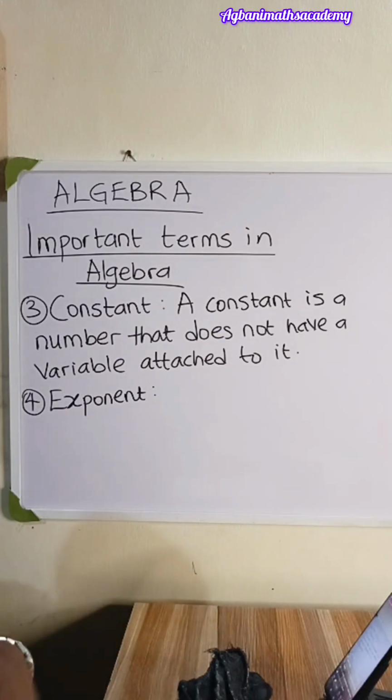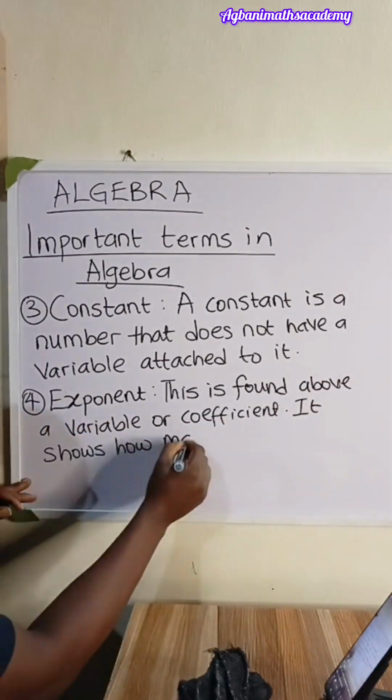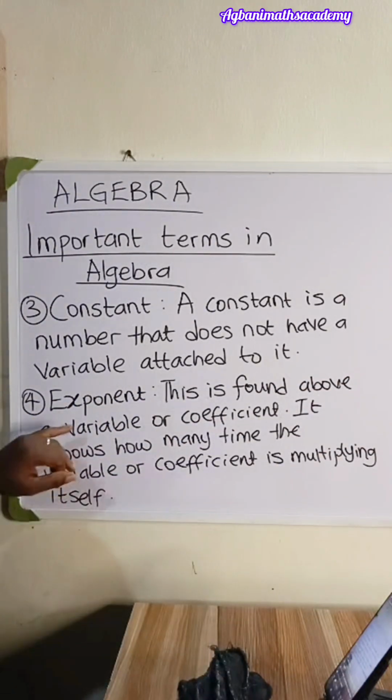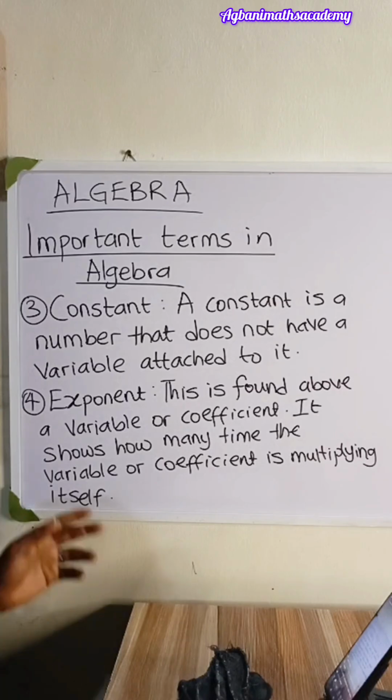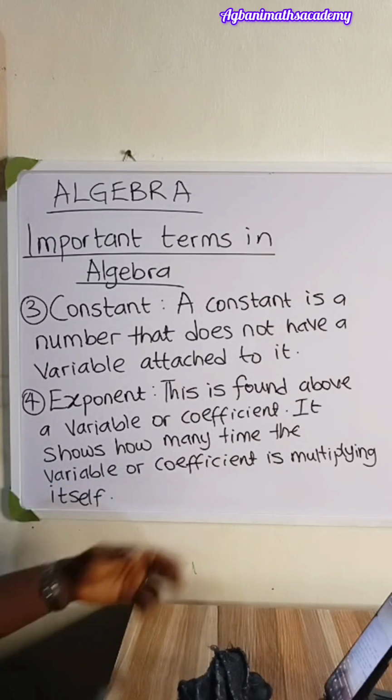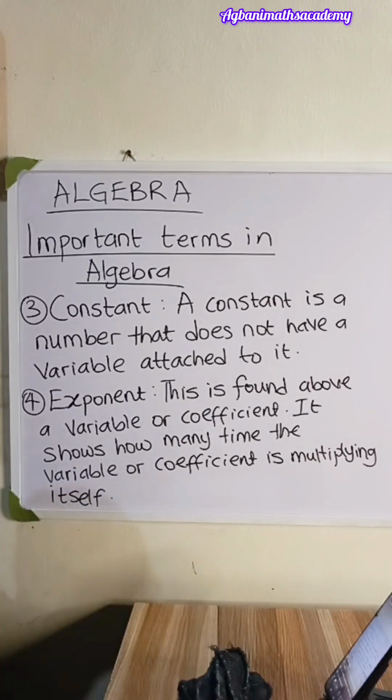It shows how many times the number or alphabet is multiplying itself. The exponent, in some places, is called power. Okay, the exponent or power is found above the variable or the coefficient. It shows how many times the variable or coefficient is multiplying itself.